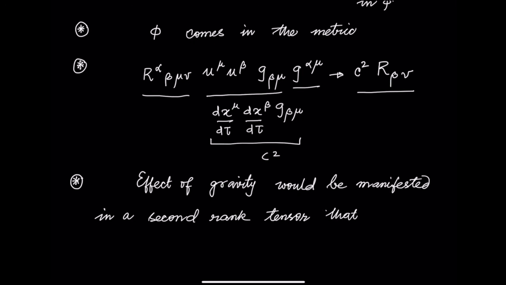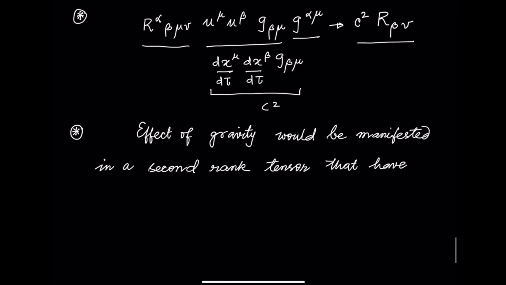What should the second rank tensor have? The second rank tensor is kind of given by this type of R beta mu. So it should have the components of the metric, first derivatives of the components of the metric, which come in the Christoffel symbols, and the derivatives of the Christoffel symbols are also there in R. So the second derivative of the components of the metric.